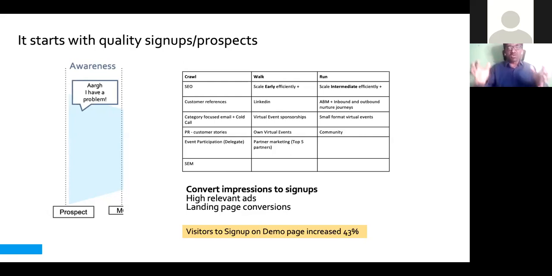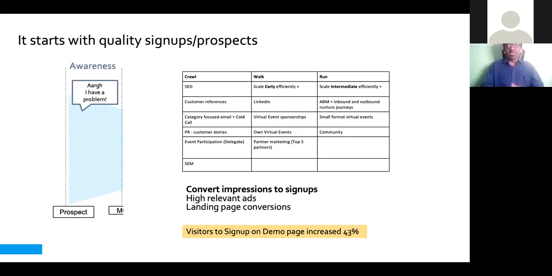So I spoke about the two different categories we can start with. What I've been talking about here is case number one, where there are a lot of keywords. Typically in the first phase, it's all about optimizing your website for SEO, starting to run SEM campaigns, and doing other things like customer stories.